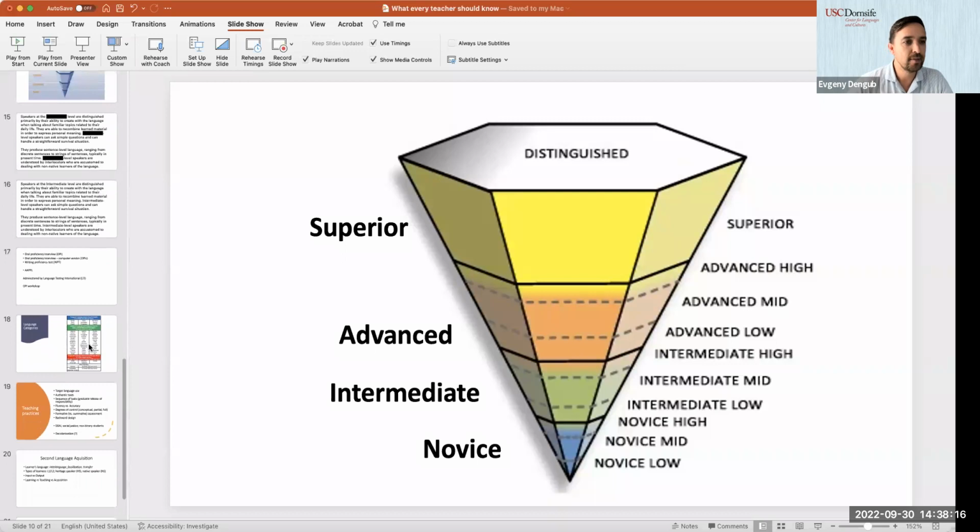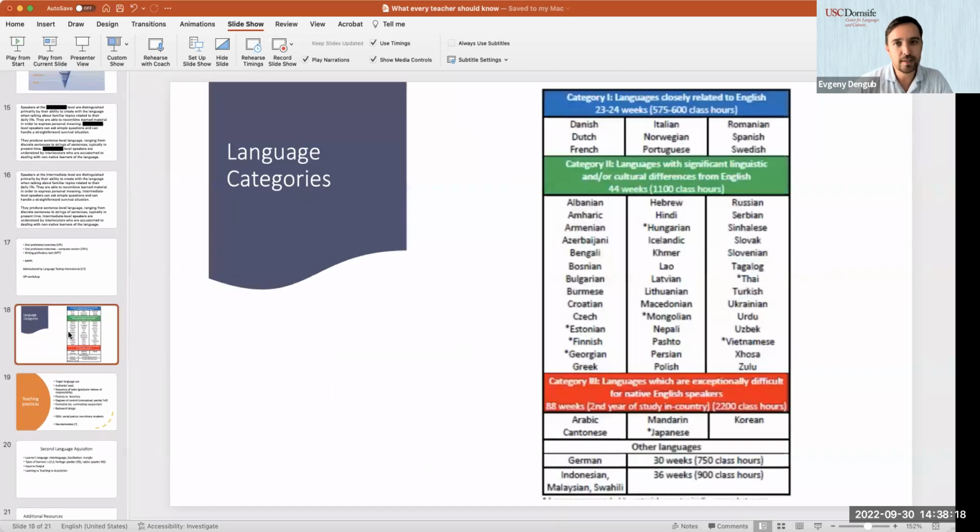All right. Another theory, I would say, that's been around for quite a long time, much longer than it should, I think, is the so-called language categories, categories of language difficulty.